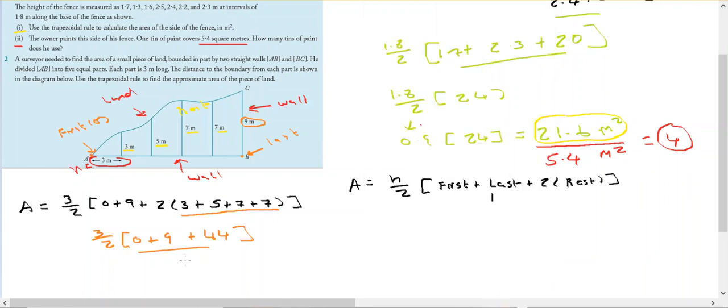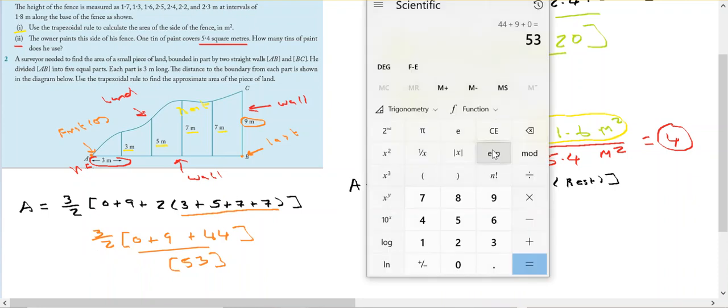And then you multiply that by 3 over 2. 3 divided by 2 is equal to 1.5, multiplied by 53, it's equal to 79.5.